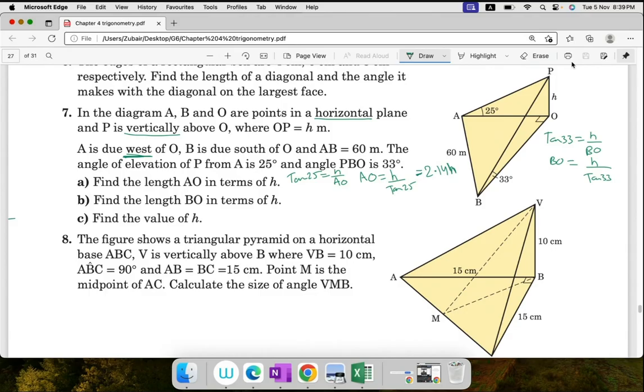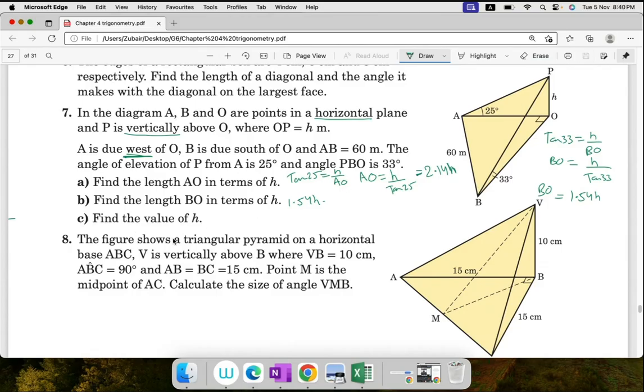So that is tan 33. 1 divided by tan 33 is 1.539. I'm writing 1.54. BO in terms of this. We have AO, we have BO, 1.54H.